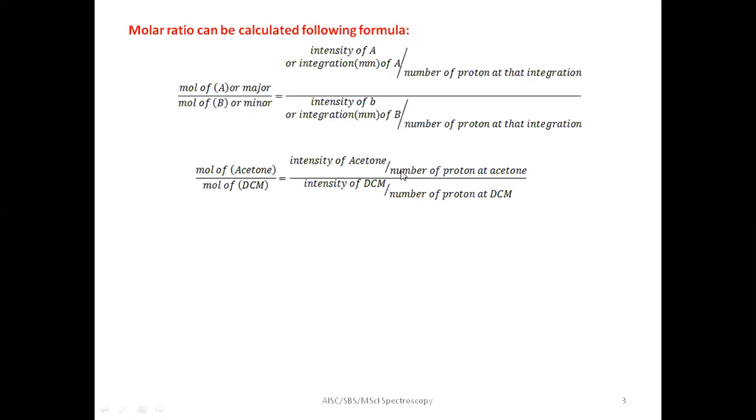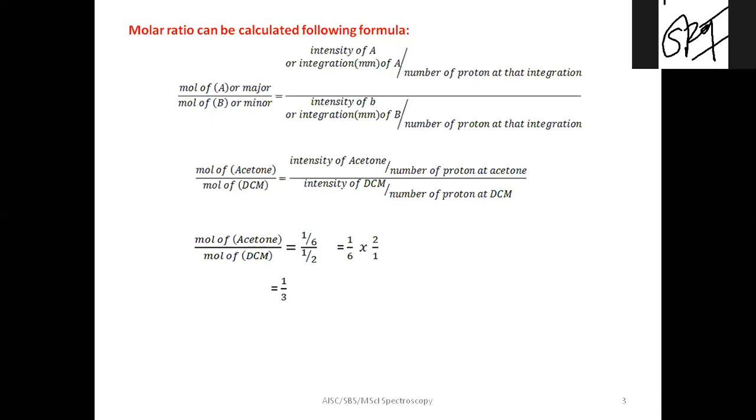In both cases it is given 1:1 intensity. So you use 1 intensity for acetone, 1 intensity for DCM. Number of protons in acetone is 6, and number of protons for DCM is 2. So that becomes 1 by 6 divided by 1 by 2.